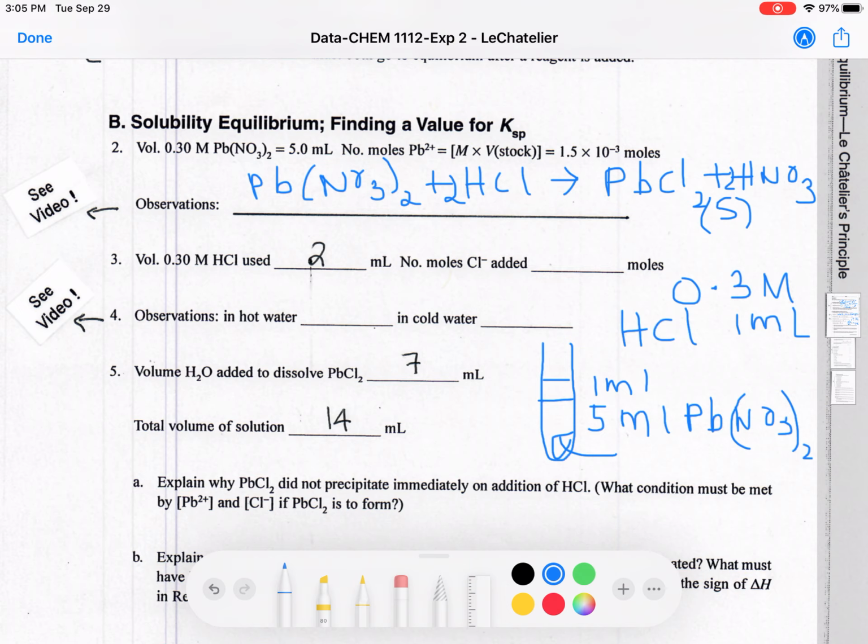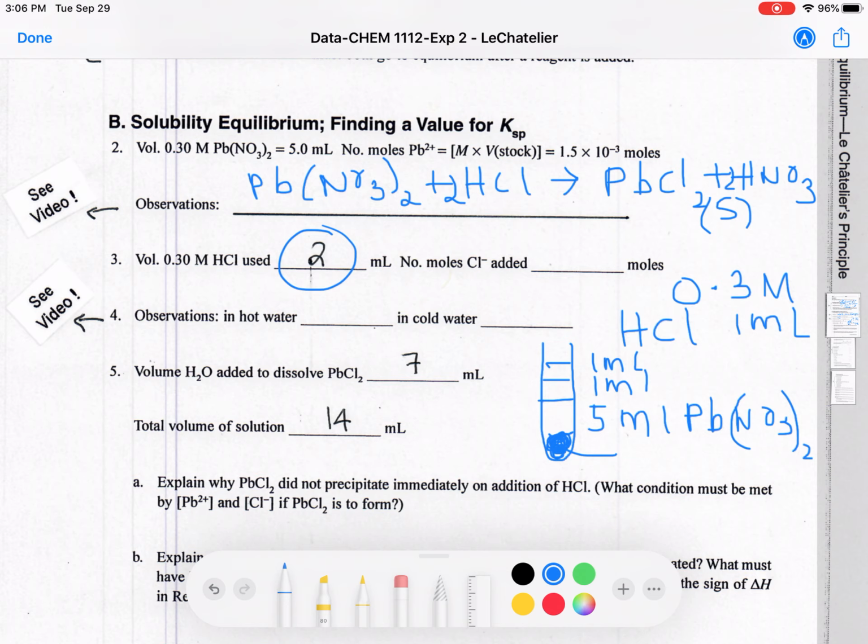To attain a considerable amount of lead chloride precipitate, you will be adding 2 milliliters, the volume of 0.3 molar hydrochloric acid added. Then you will see a white precipitate formed at the bottom when you add 2 milliliters.